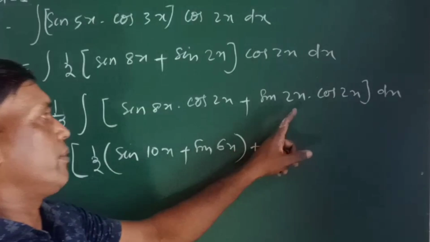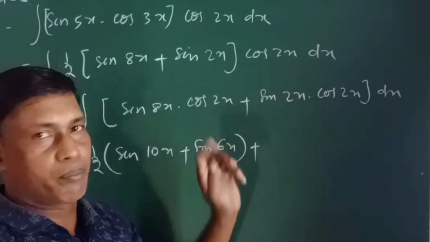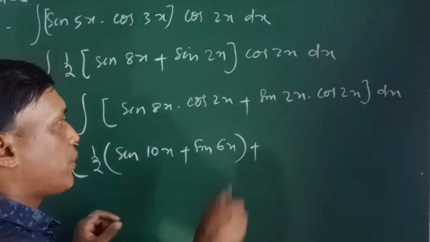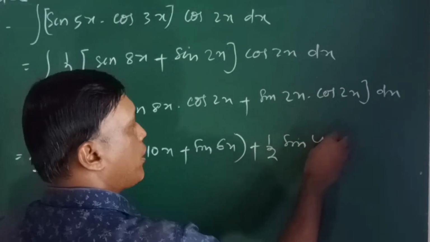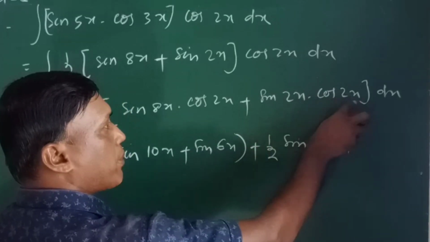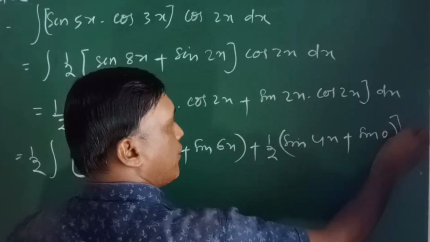Here is also sin A into cos B, so here we also apply sin A into cos B, which is half of sin(A plus B) plus sin(A minus B). Sin(A minus B) is sin(2x minus 2x), so this is sin 0 dx.